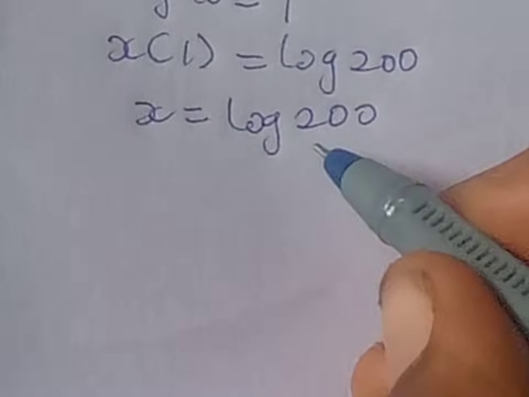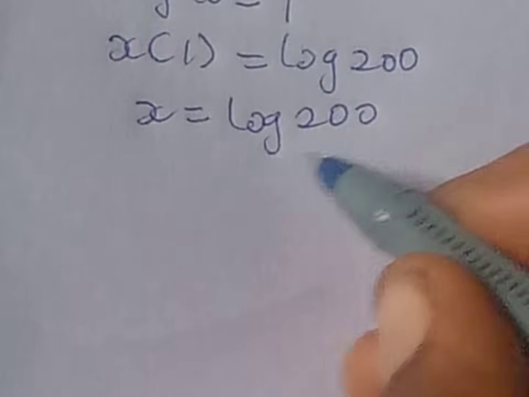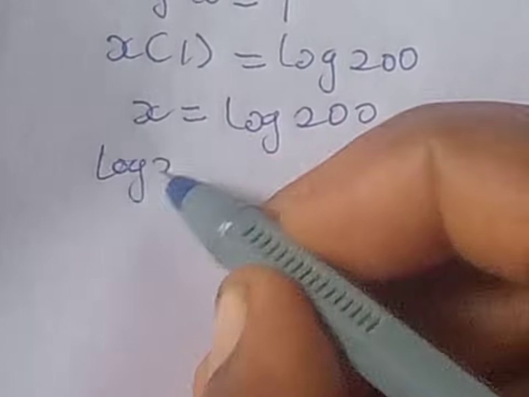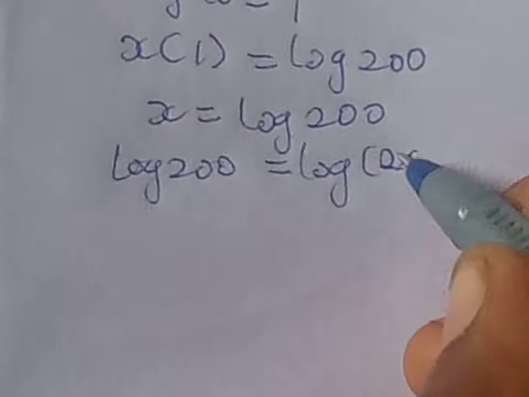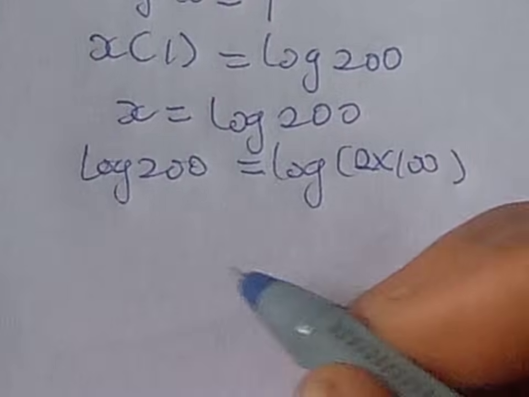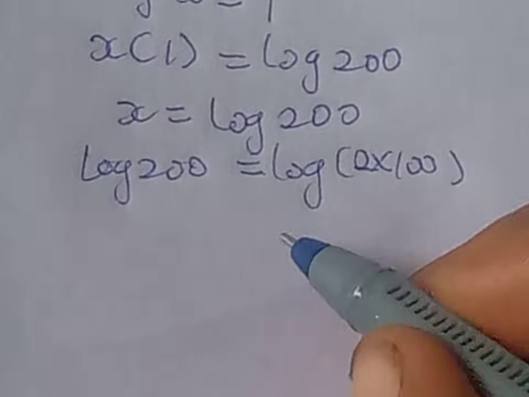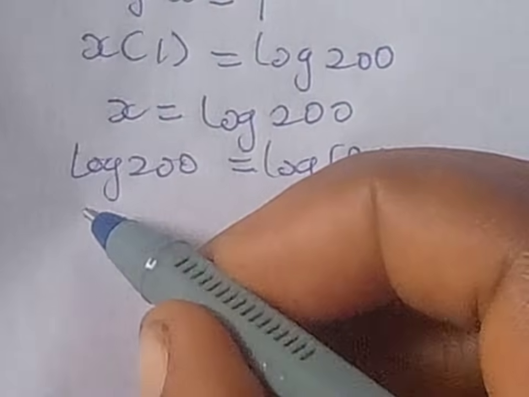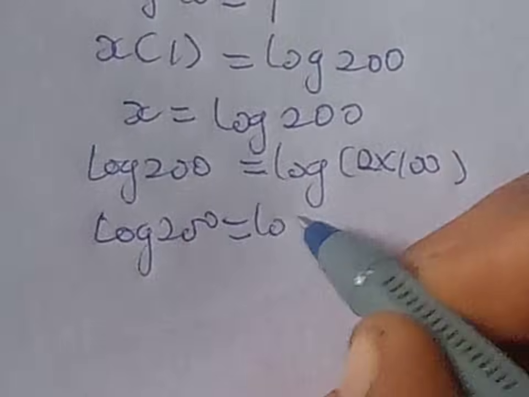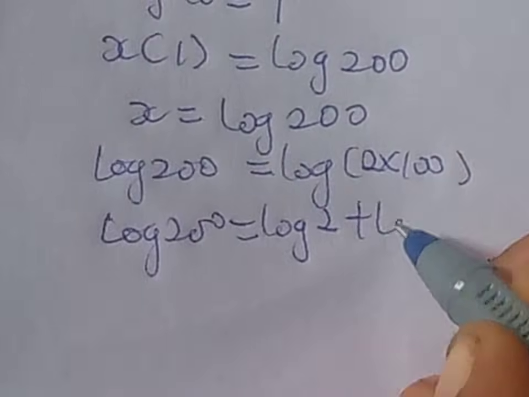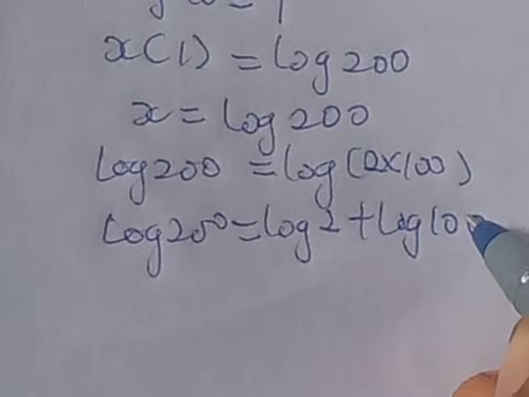Now let's evaluate log 200. Log 200 equals log of 2 times 100. Let's apply the product rule, which gives us log 200 equals log 2 plus log 100.